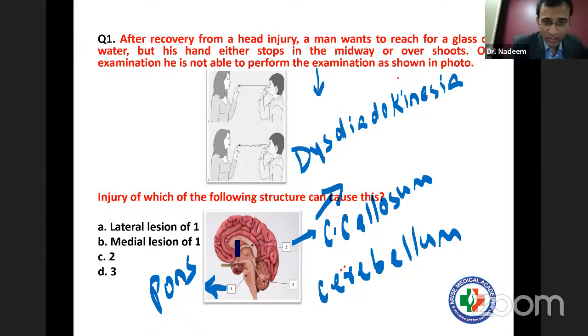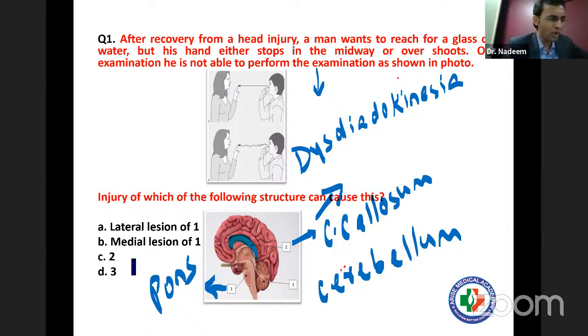The function of structure number 2 is to establish communication between the cerebral hemispheres. After that, maintaining the balance of arousal and attention, and eye movement and vision also. So this is the function of the corpus callosum, and even tactile localization.